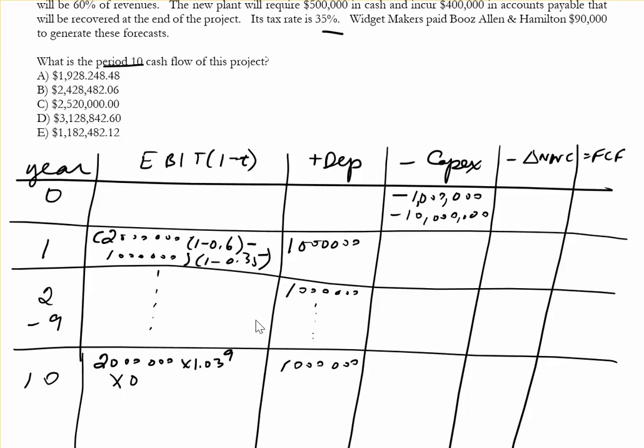We have the leftovers after the variable costs are paid of 60%. We subtract the last year's depreciation of $1 million. Then we have to tax all of that.